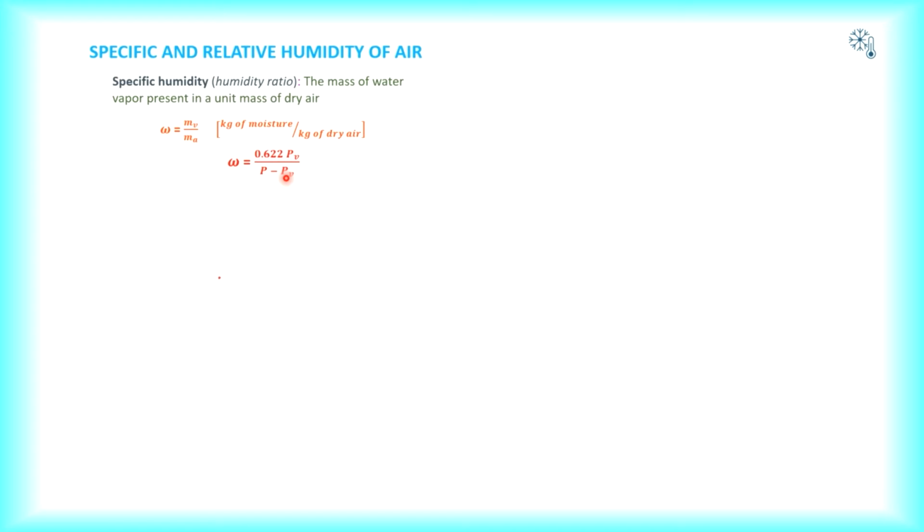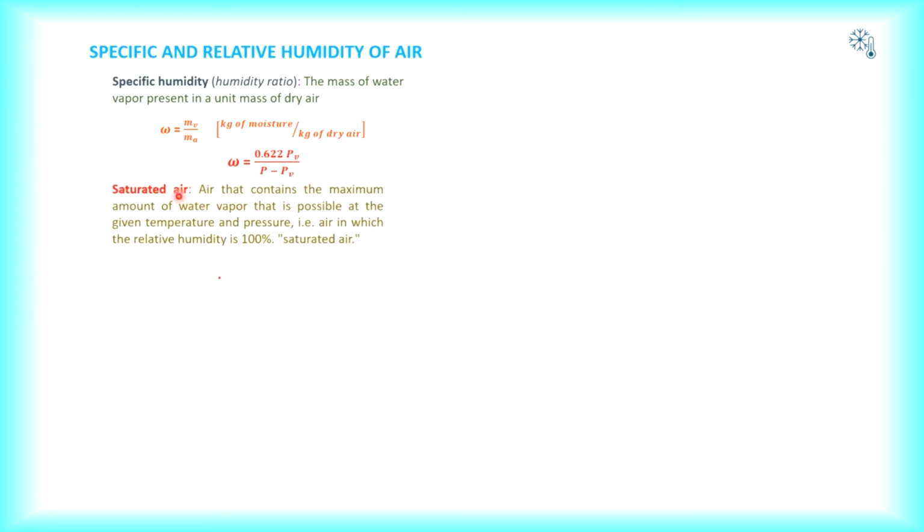So the next thing is we go to saturated and unsaturated air. What does that mean? This formula is applied to find the specific humidity, and this formula can be proven. Now, saturated air. What is saturated air? Air that contains the maximum amount of water vapor that is possible at a given temperature and pressure.